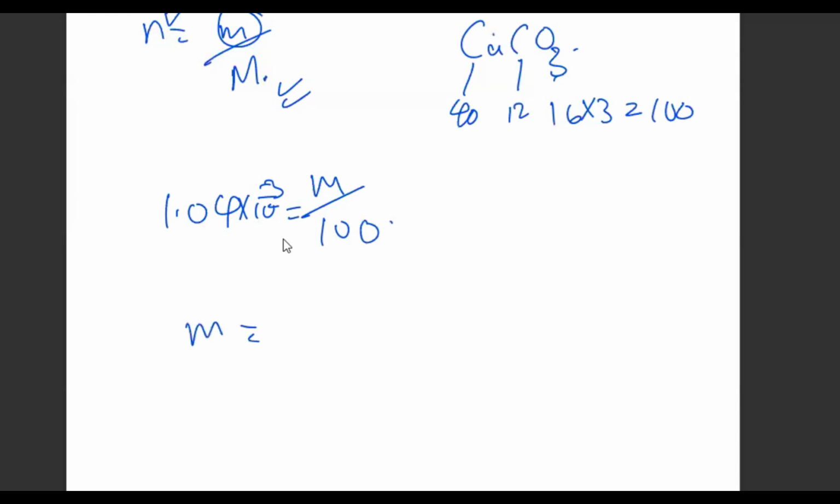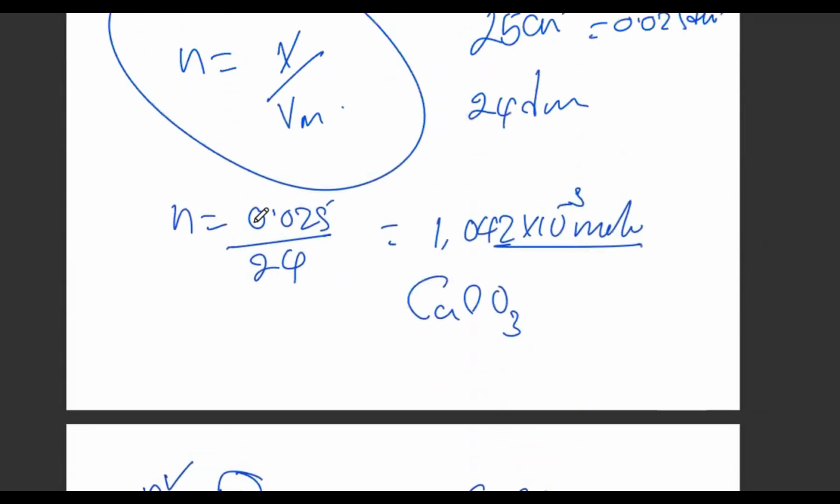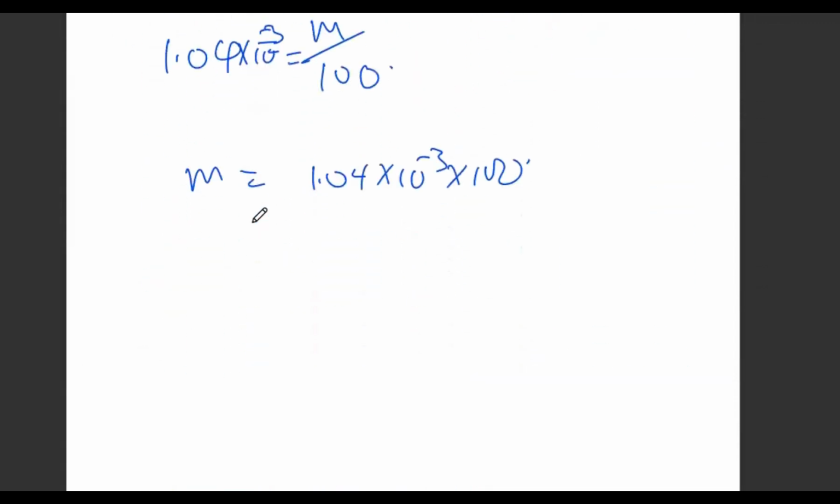So the mass is equal to 1.042 times 10 to the power negative 3 times 100, which gives me a mass of 0.104 grams. So these are the grams of calcium carbonate which was used.